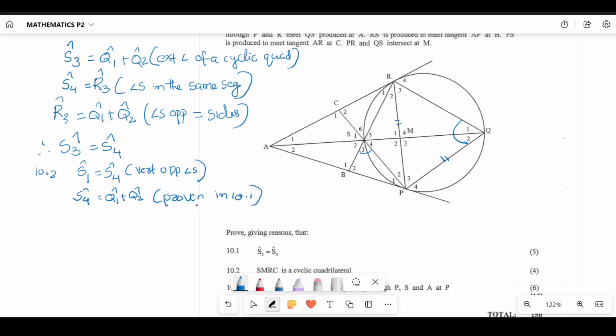Proven in 10.1. Now that Q1 plus Q2 is equal to R1 plus R2 because of the tan chord theorem.